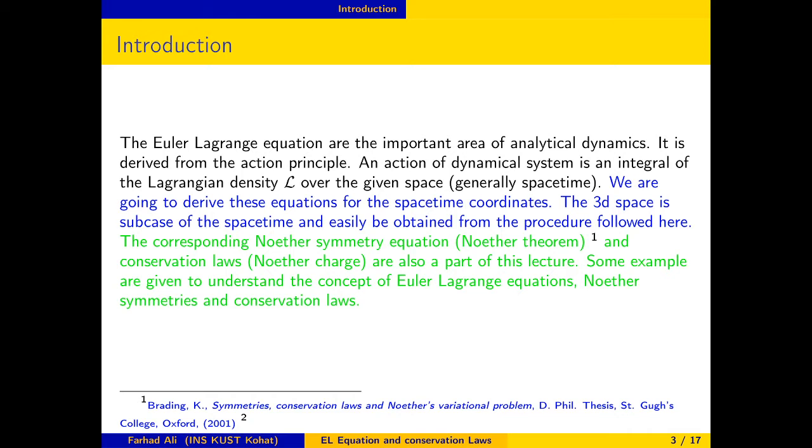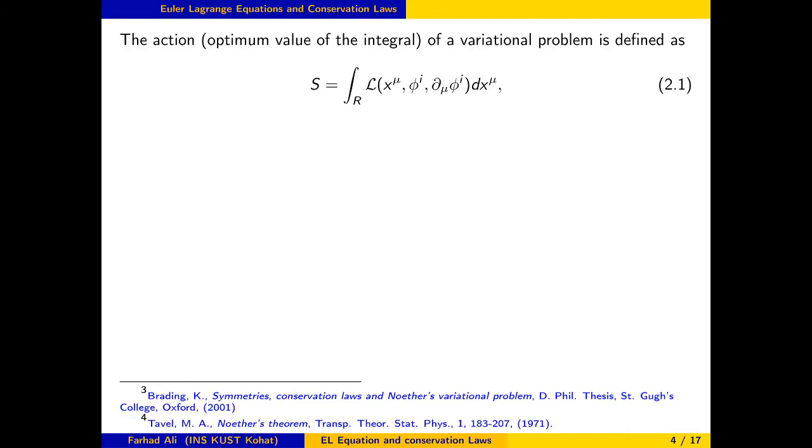It is the famous theorem of Noether and is very important in mathematical physics and applied mathematics. Nowadays it is used in cosmology and other sciences to define conservation laws for the given dynamics. So let's start.